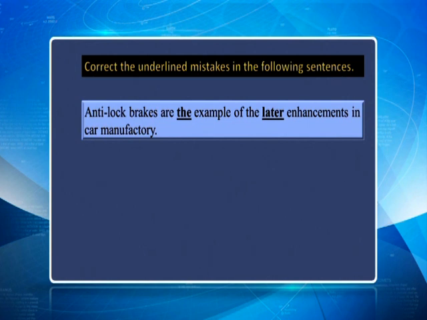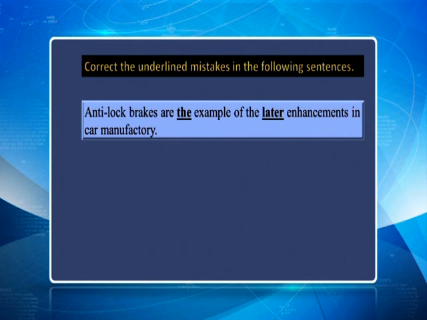So anti-lock brakes are the example. Are they the only example or just one of the examples? Just one. So we say a or an. But since we have example here, it starts with a vowel, so it must be an.